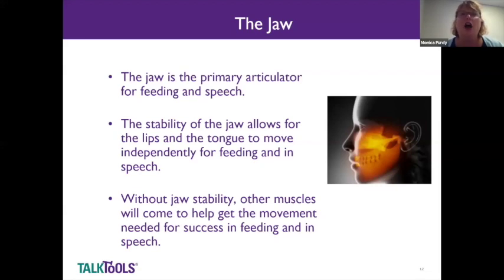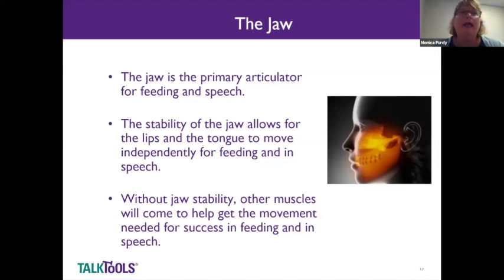So that jaw stability is like your core strength. You need that stability in order for your lips and your tongue to move independently. Without jaw stability, other muscles are going to come in to help. So if I can't elevate my tongue to my alveolar ridge, my jaw might come in to help. Okay, so I'll see the jaw come up.